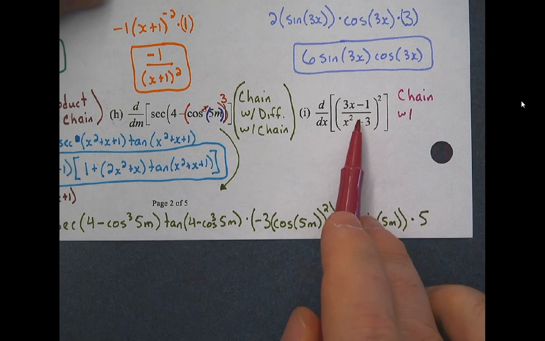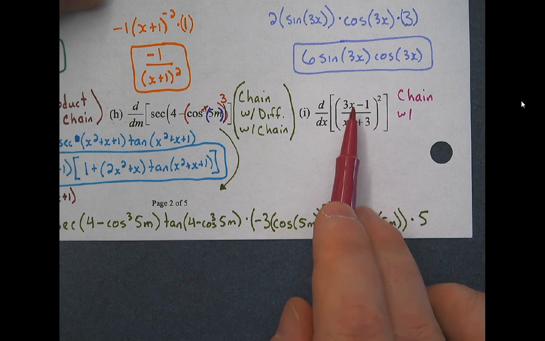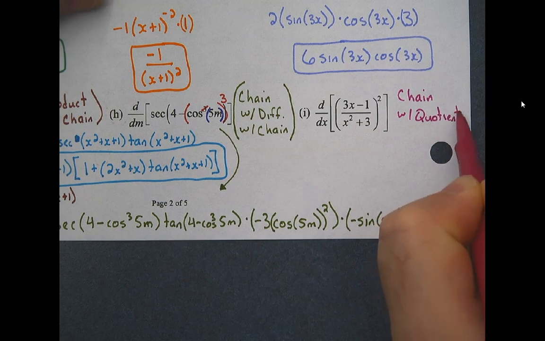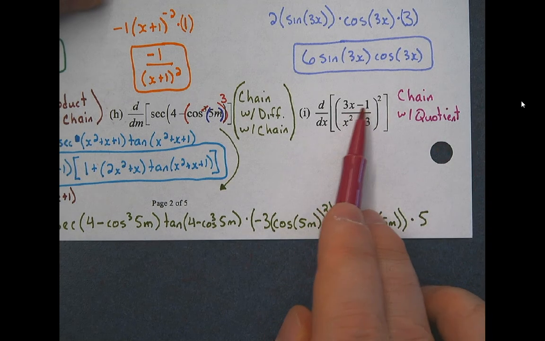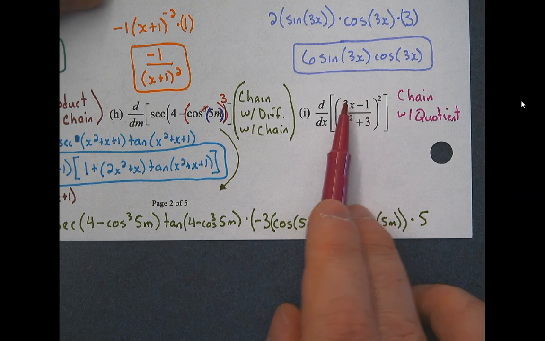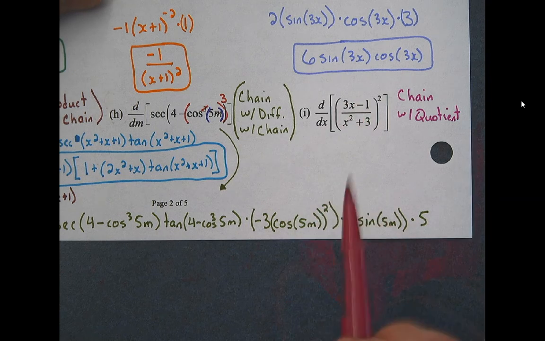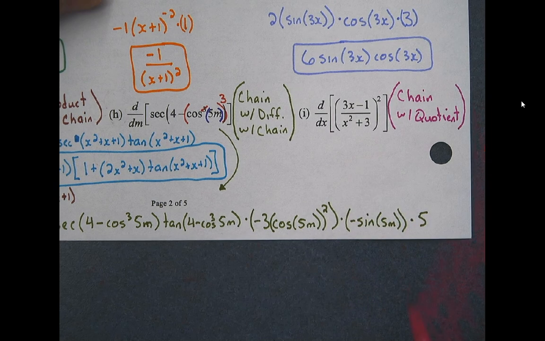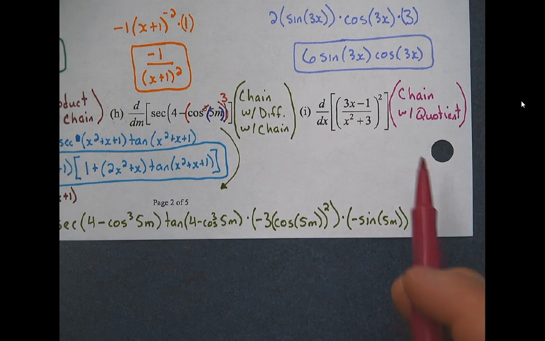With, as I derive the inside layer, I've got a division, which is a quotient. And then when I derive each one of the pieces of the quotient, those are just polynomials. Those are different sum rules. I don't usually write those up. If you wanted to write another with, you could. I'm not going to bother. All right, so chain rule.